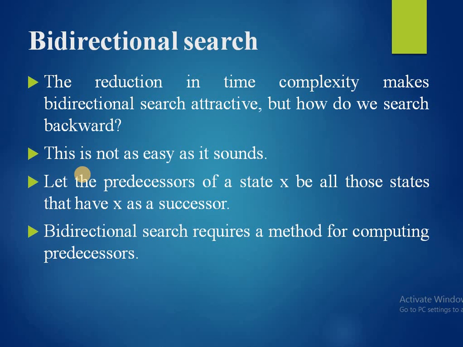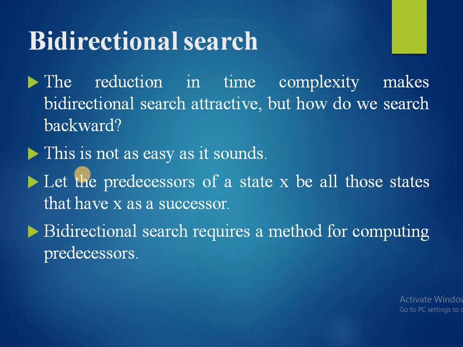But how do we search backward? This is not as easy as it sounds. Let the predecessors of a state X be all those states that have X as a successor.